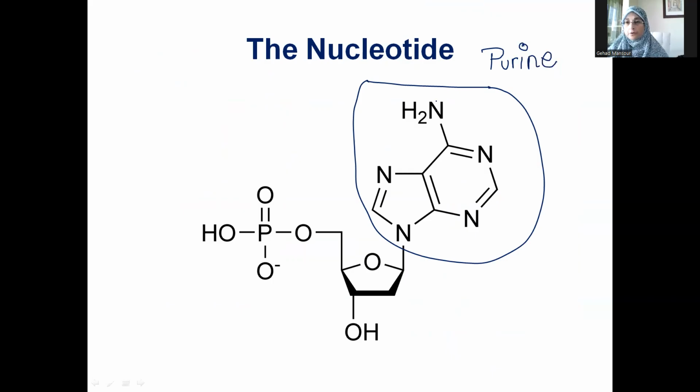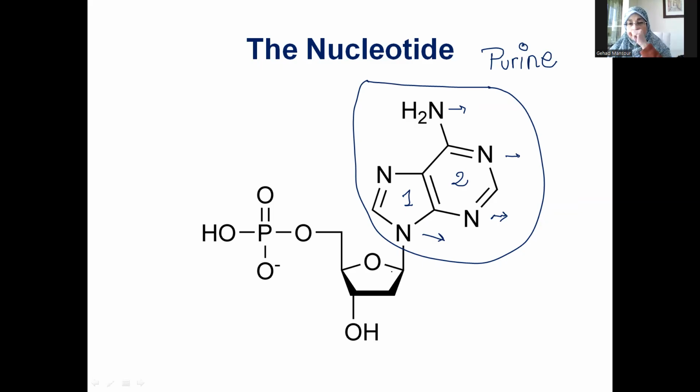You needn't know from the chemical structure. You're not responsible for knowing whether it is adenine or guanine, but it is a purine, because here you have one ring and there you have another ring, and as you can see, you have the nitrogen atoms that indicate that this is a nitrogenous base.